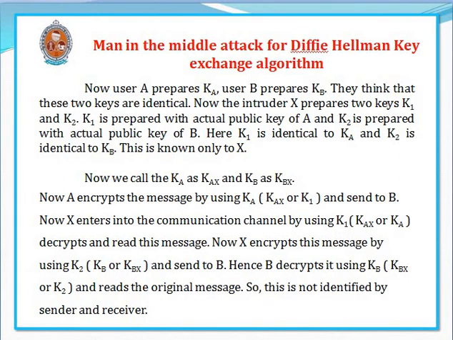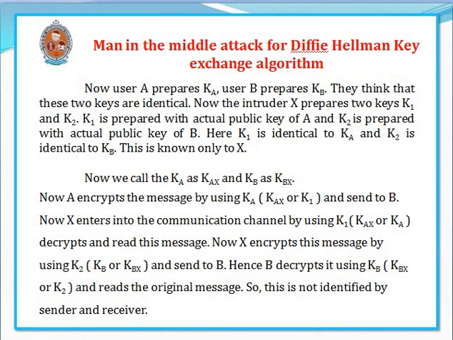Now user A prepares KA, user B prepares KB. They think that these two keys are identical, but they are not actually identical. Now the intruder X prepares two keys K1 and K2. K1 is prepared with the actual public key of A and K2 is prepared with the actual public key of B. Here K1 is identical to KA and K2 is identical to KB, but KA and KB are not identical.